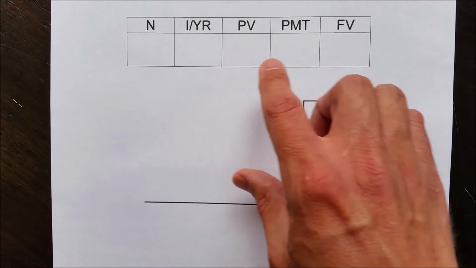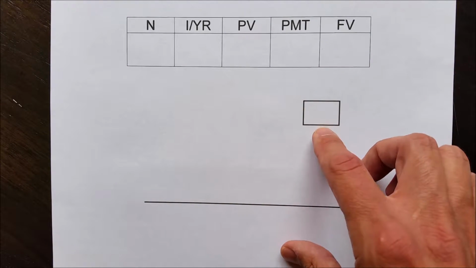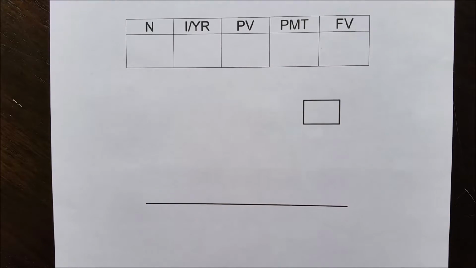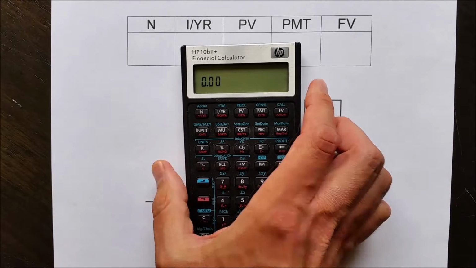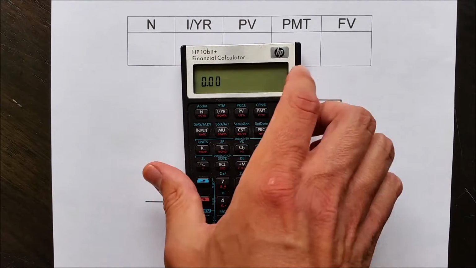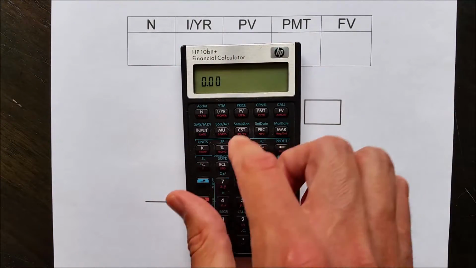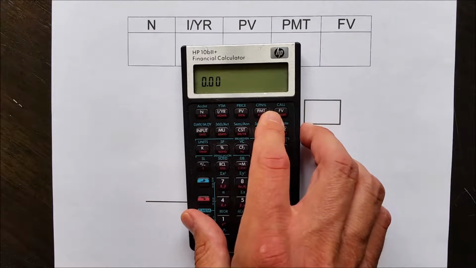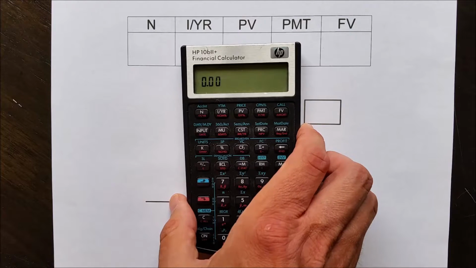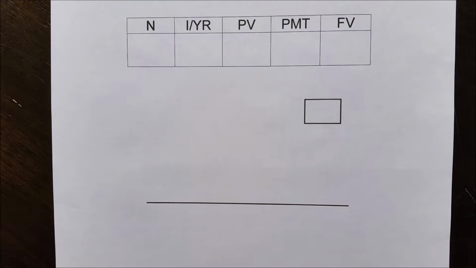Once we do that, we then enter the numbers that we get from the cash flow diagram into this calculator table. Once we do that, then we take the numbers from the calculator table and enter them into this Hewlett-Packard 10BII financial calculator. Once we know 4, the calculator will solve for the 5th, and that allows us to get the answer.